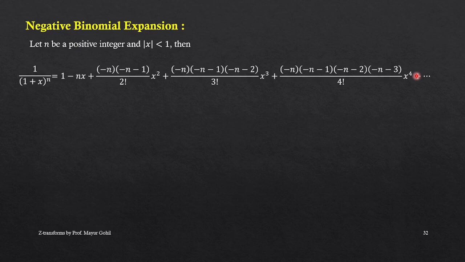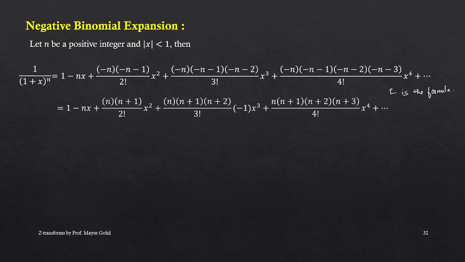Now what is more important about this is basically the negative binomial expansion over here. So this is the formula for negative binomial expansion. Let us understand this in much detail.